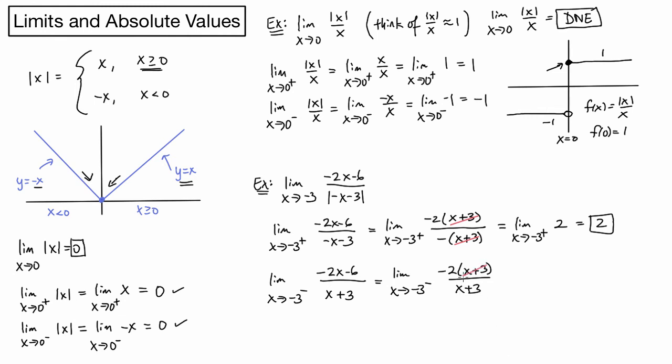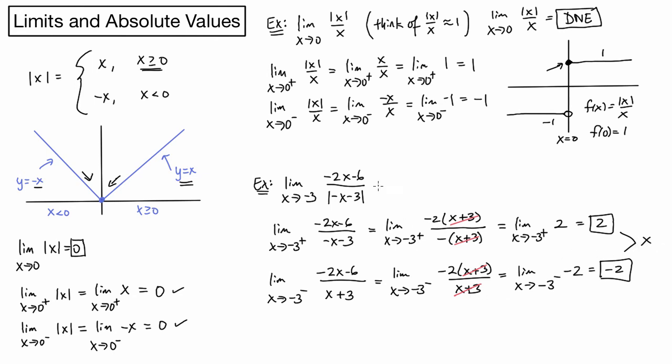Well, the major difference now you can see is that the top has the negative, but there is no negative in the bottom anymore, because we negated it coming in from the left. So what you have left over here is -2, and the limit of that constant is itself, and so you get -2. These two don't agree. That's bad.